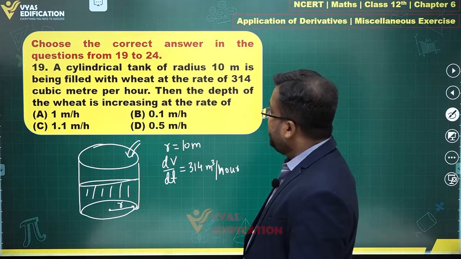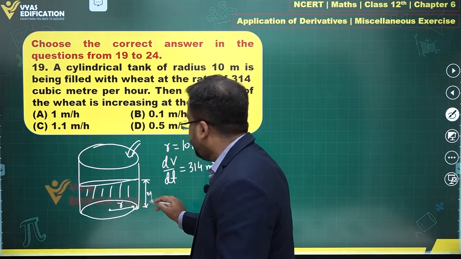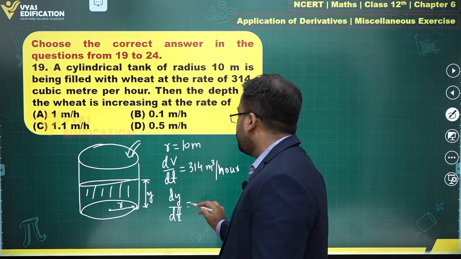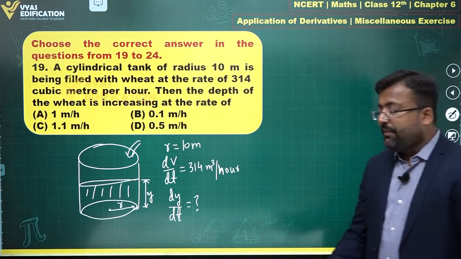Then the depth of the wheat is increasing at the rate of depth. Let us consider the depth to be y, and we are interested in dy by dt, which is the question mark. This is the important thing that we are interested in. Now what is dy by dt equal to?